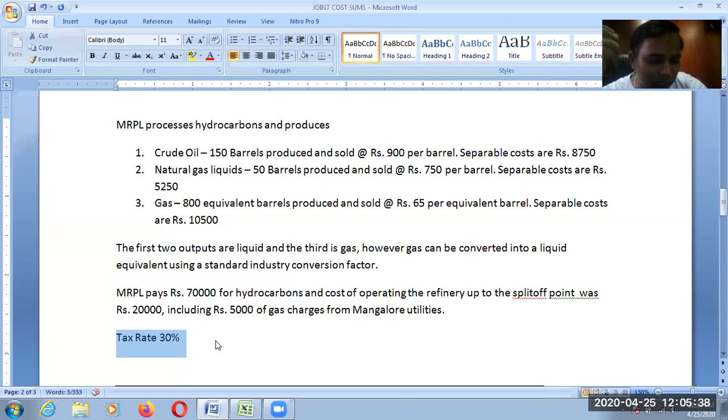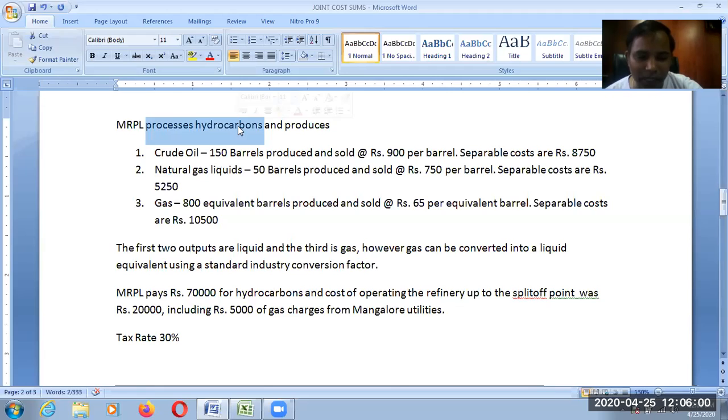So what is MRPL doing? MRPL is incurring 70,000 for hydrocarbons and 20,000 for operating the refinery up to split off point. So if you see here, this is a raw material acquiring charge.